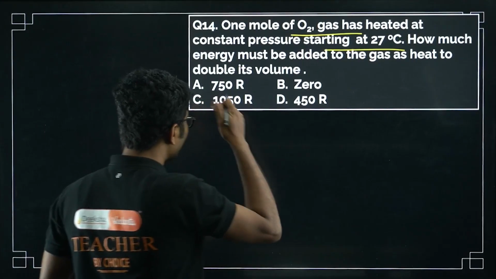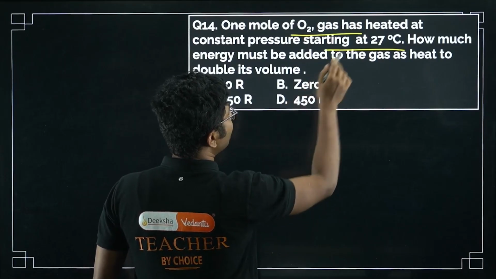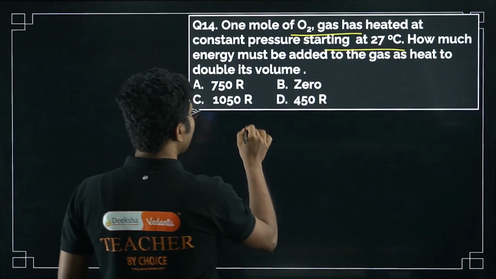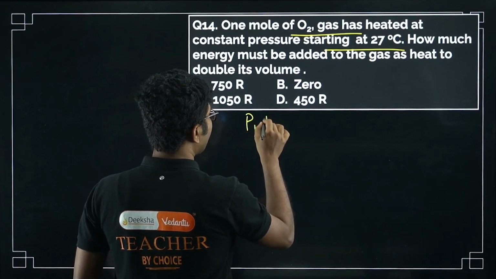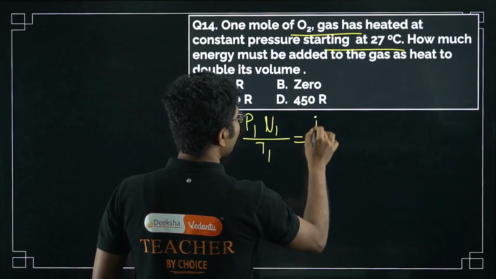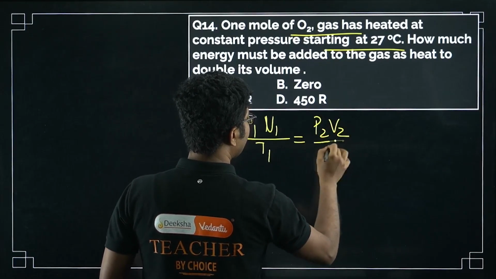So initial volume was V1. Now you have to remember that the pressure is constant. So P1 V1 by T1 equals P2 V2 by T2.